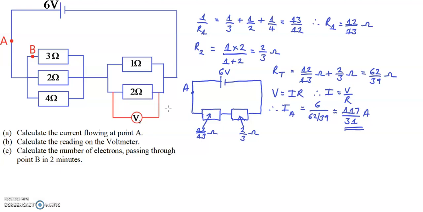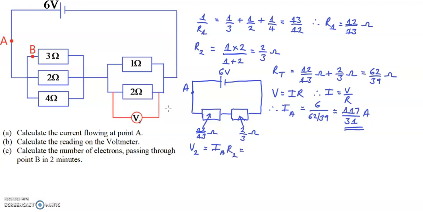Now part B. Calculate the reading on the voltmeter. So we need to work out the voltage on V2. Using Ohm's law, we can say that V2 equals IA, because the current at any point in this equivalent series circuit will be the same, multiplied by R2.